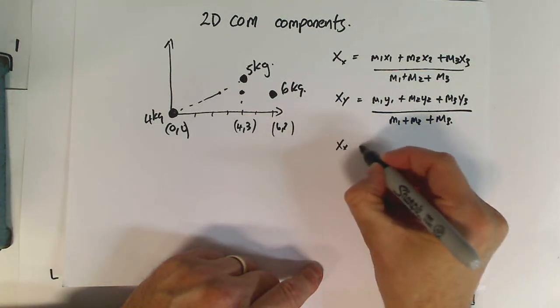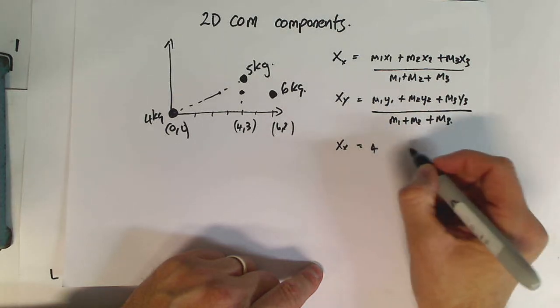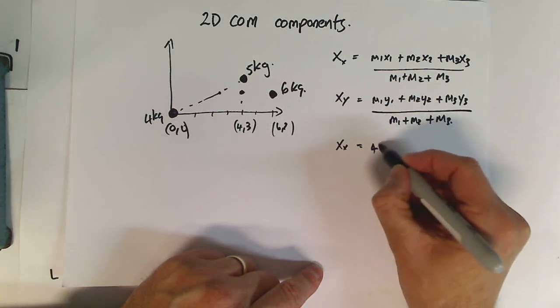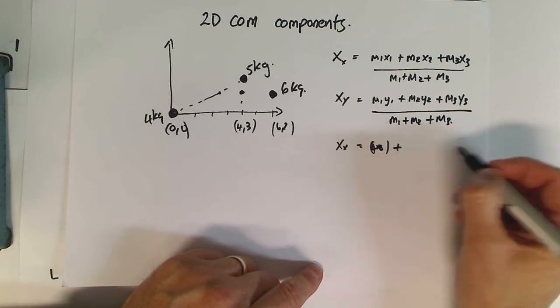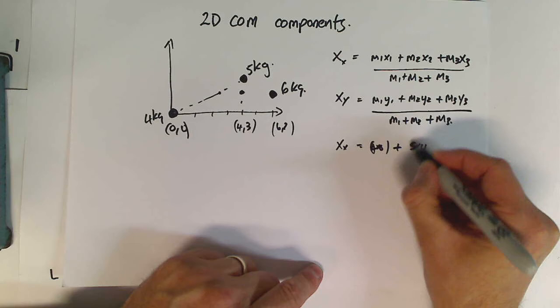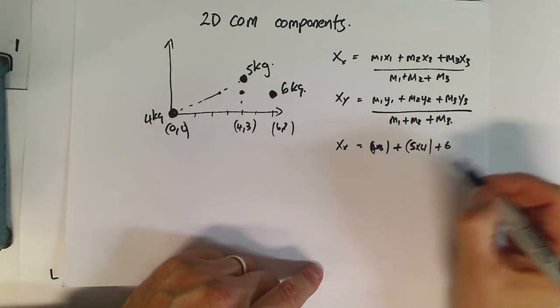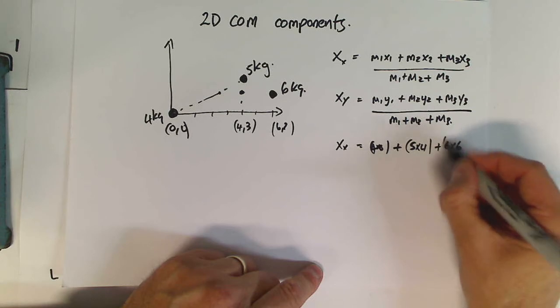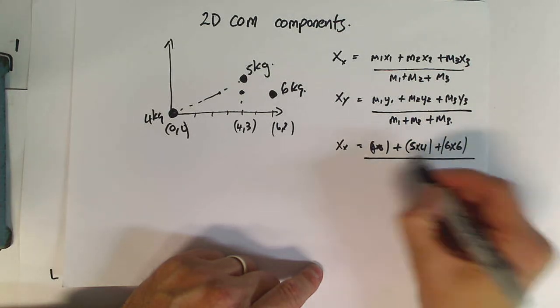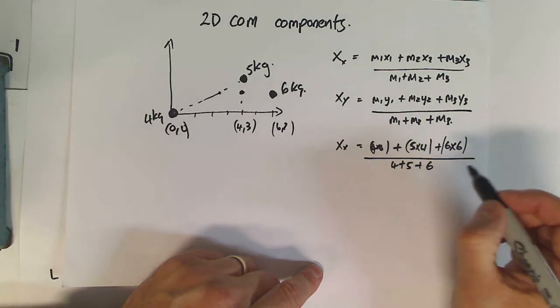So we actually put those numbers in. Let's do the x. We're going to have m1 is 4 times x1 is 0. So that little term equals 0. Mass 2 is 5 times the x component, which is 4. And mass 3 is 6 times the x component, which is 6. 6 times 6. All over 4 plus 5 plus 6, so all over 15.